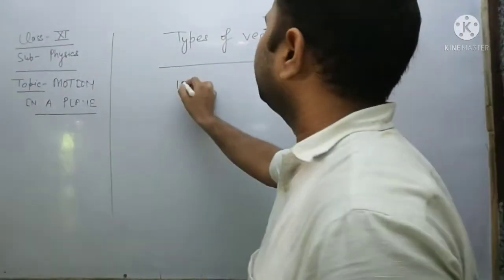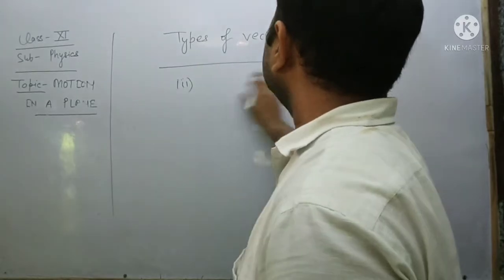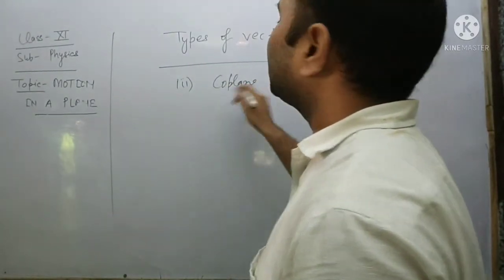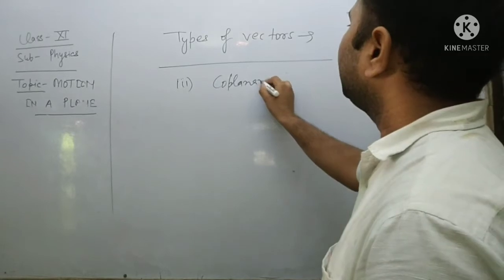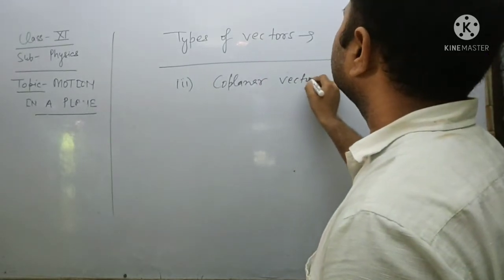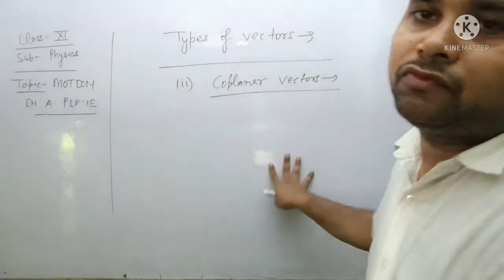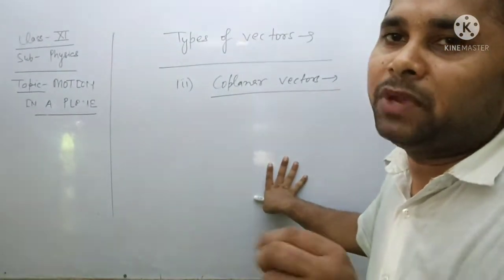Next, third type, coplanar, or before that collinear is also possible. Look at coplanar first. Coplanar vectors are those vectors which are in the same plane.